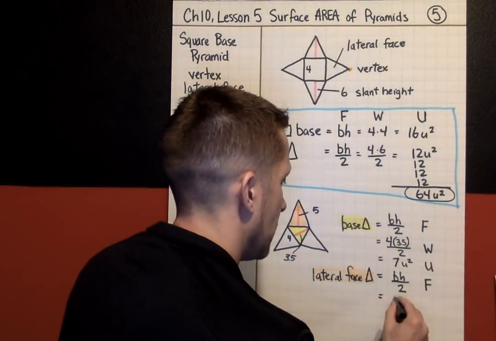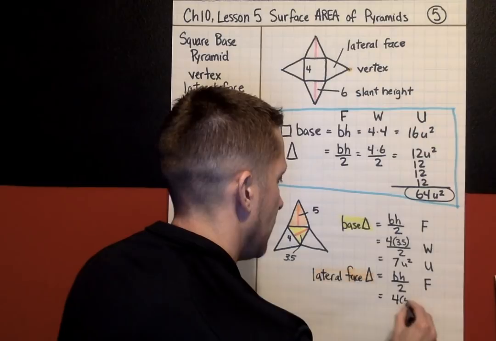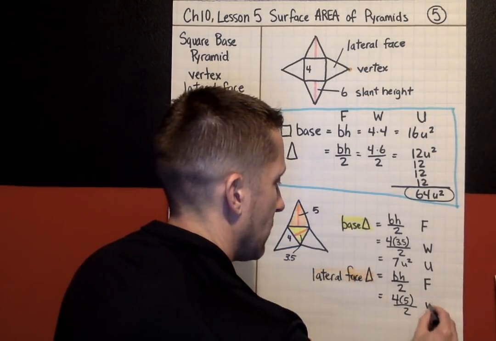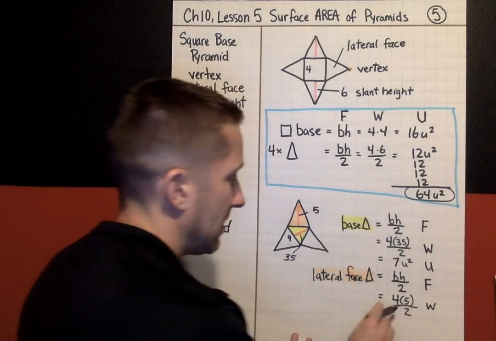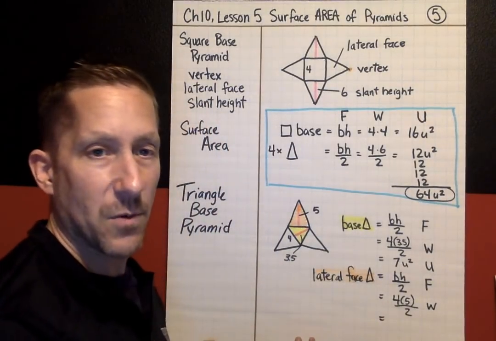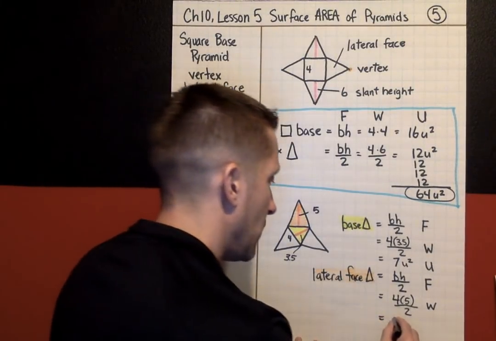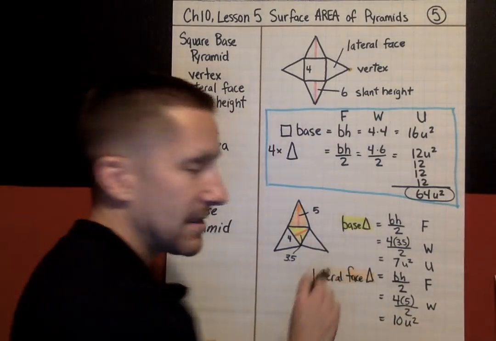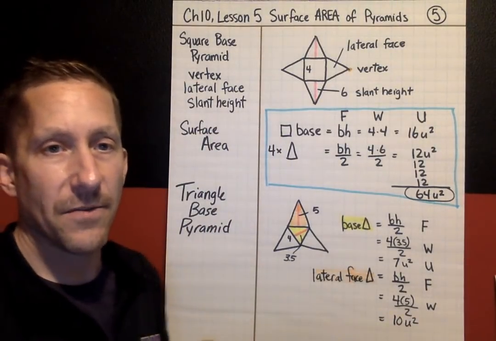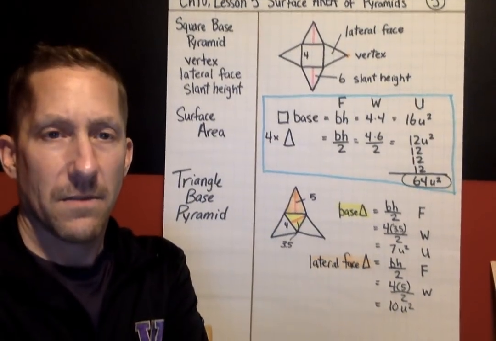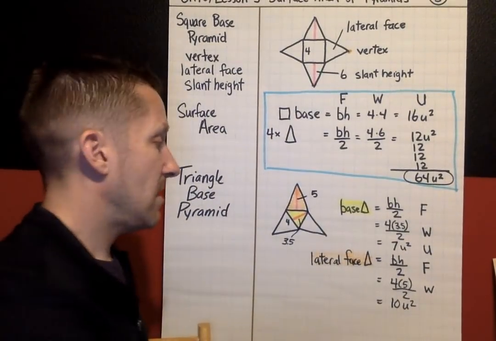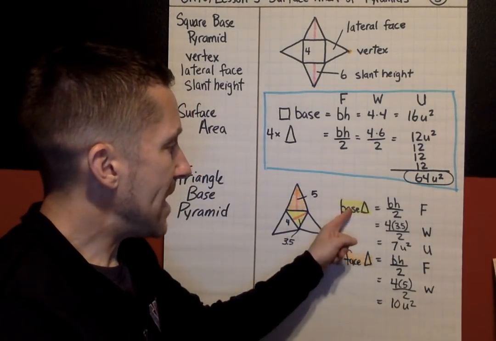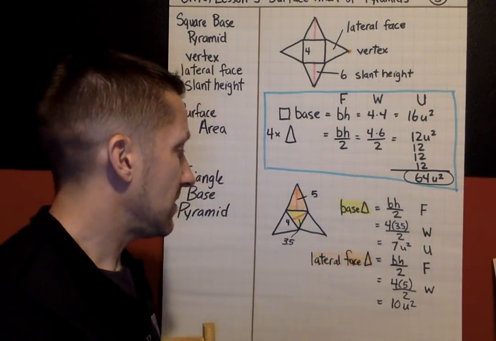So I'm going to plug in those numbers. 4 times 5 divided by 2. Here's my work. Finally, the units. 4 times 5 makes 20. Divide that by 2, and we have 10 units squared. That's the orange lateral face triangle. Turn our camera down a little bit. All right, last step. We've got a base, and we've got 3 of these.